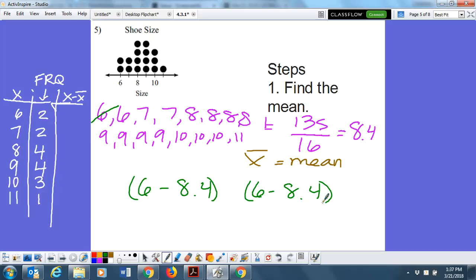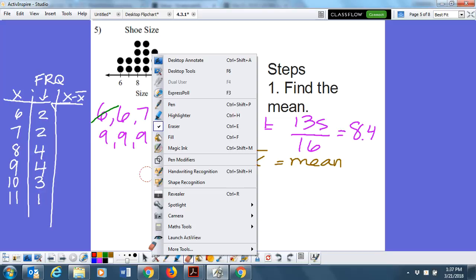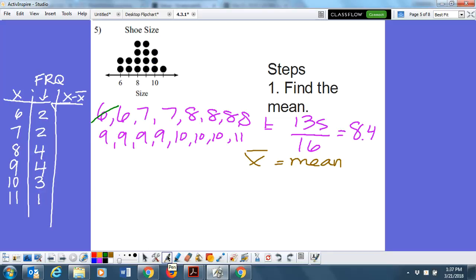It won't be wrong, but just imagine putting that all into your calculator. So that's why we put the frequency, so that we can shorten our steps. And you actually can make it even shorter than this, but I'm going to do it step by step. And if you want me to show you how to do it faster later, then I will.